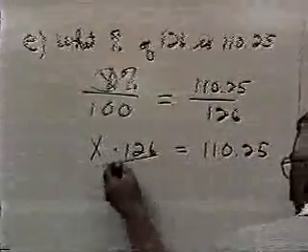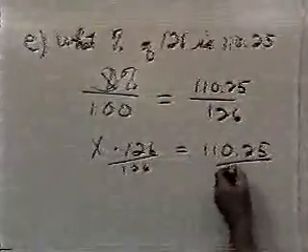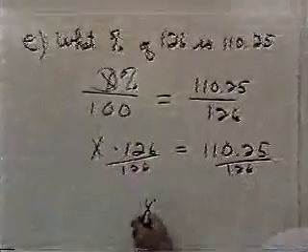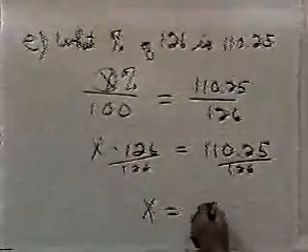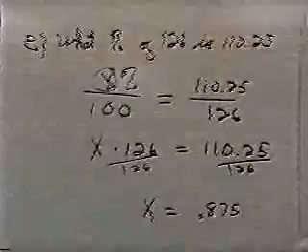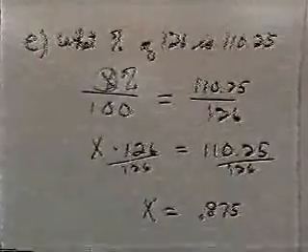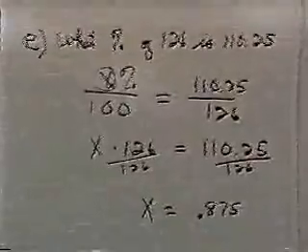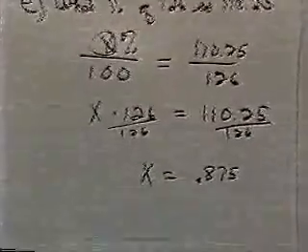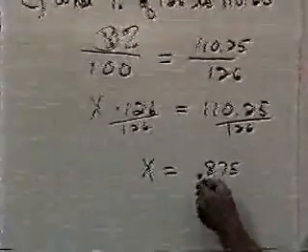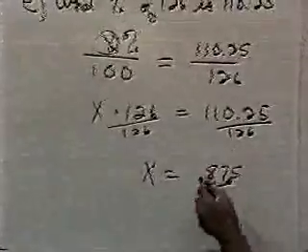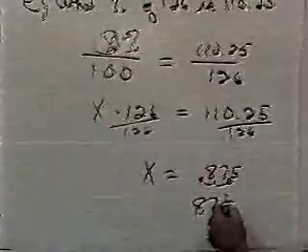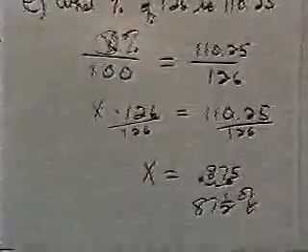You divide both sides by 126 and you get x is equal to 0.875. So when you work it this way, you've got to realize that this is the decimal number, and when you want to change the answer to percent, you got to move it 2 places. And so you still get 87.5%.